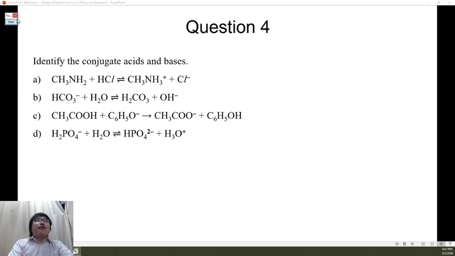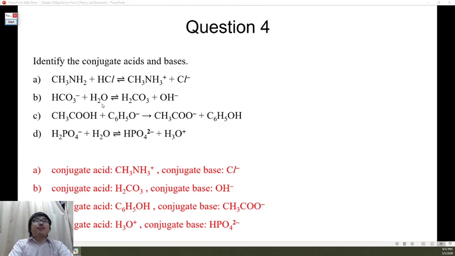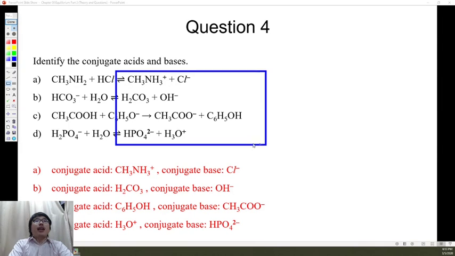Now we have identified the Bronsted-Lowry acid and base. Now please identify the conjugate acids and bases. So we look backward. Donate proton, conjugate acid.